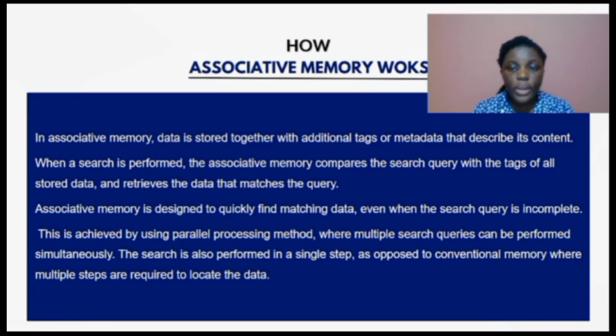So how does the associative memory work? In associative memory, data is stored together with additional tags or metadata that describe its content. When a search is performed, the associative memory compares the search query with the tags of all stored data and retrieves the data that match the query.